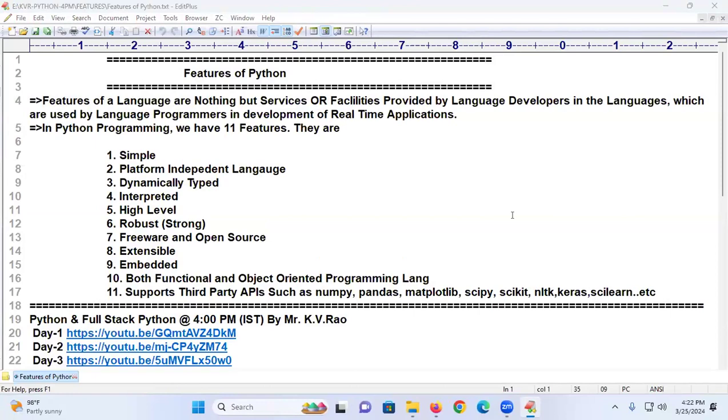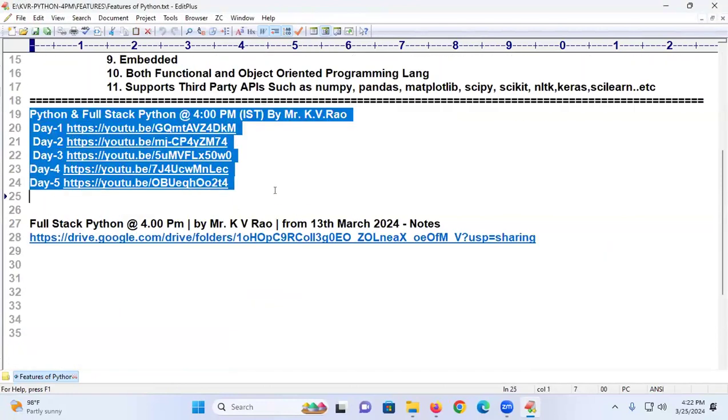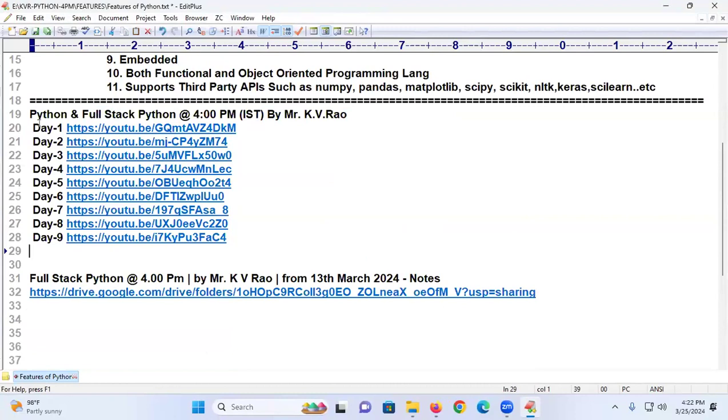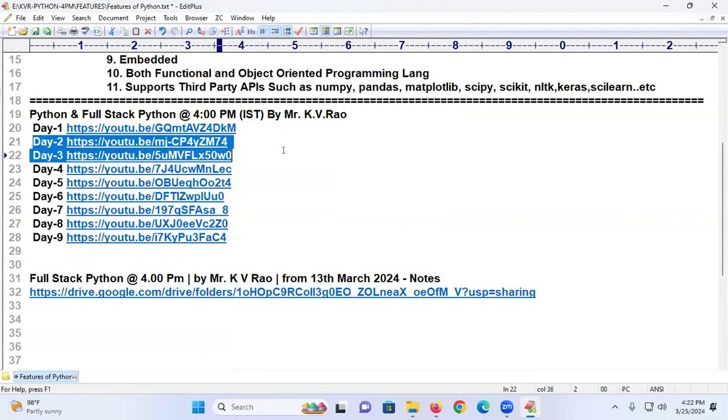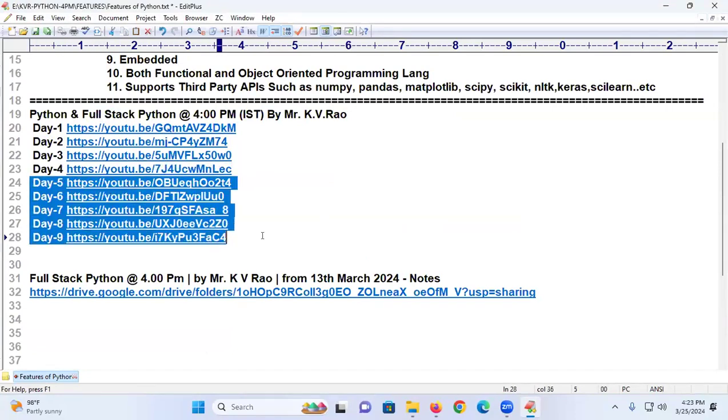We already started a number of sessions. Days 1 and 2 are normal, the second and third day are real-time applications of Python, day 4 is installation of Python software, and from day 5 onwards, these features were started.